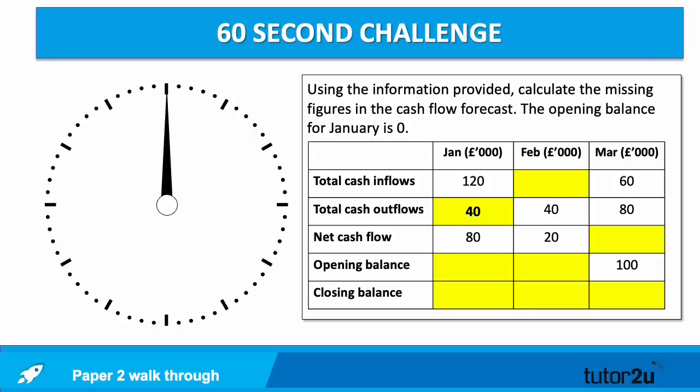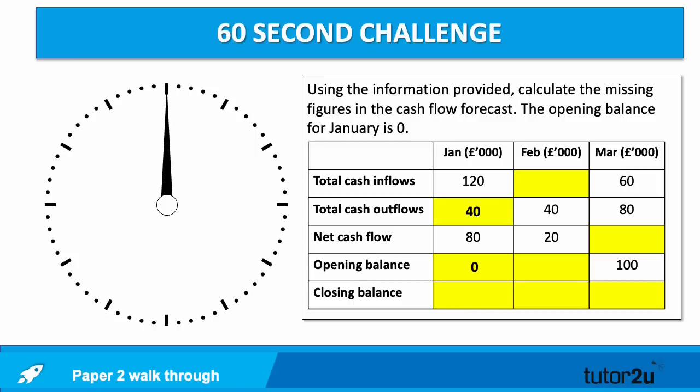So we can check that, because if we take £40,000 away from £120,000, it will give us a net cash flow figure of £80,000. Now, in the stem of the question, it says that the opening balance for January is 0. So that's nice and easy to enter into that box.